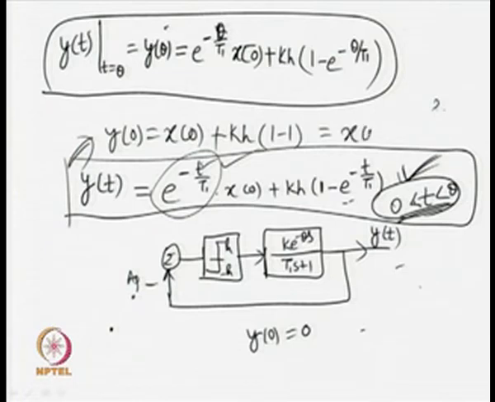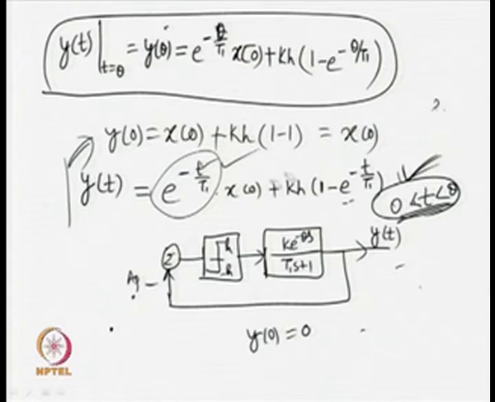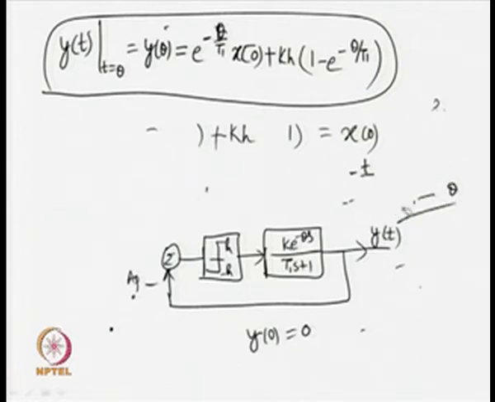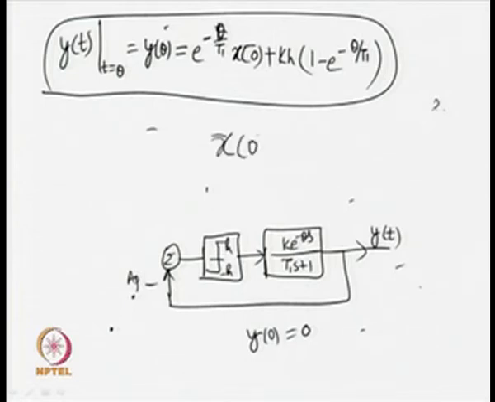So, y0 becomes x0, and since we start considering the output waveform from time t equal to 0, which occurs at the first zero crossing, it is assumed that for a first order system x0 is equal to 0.